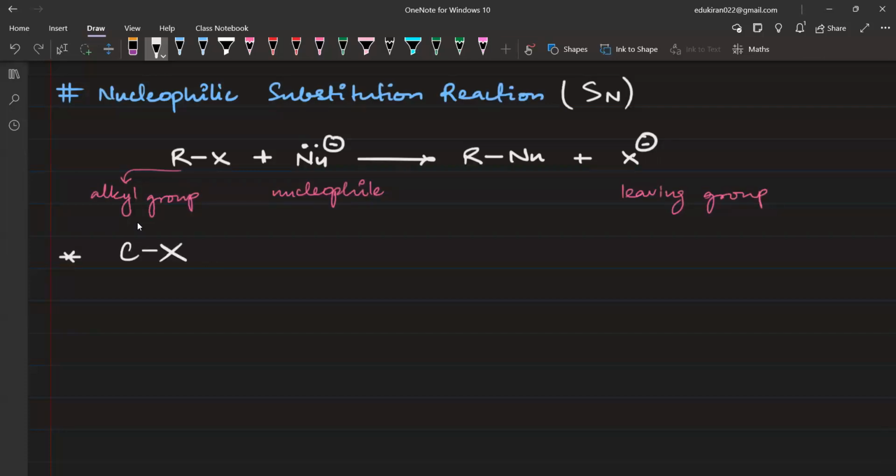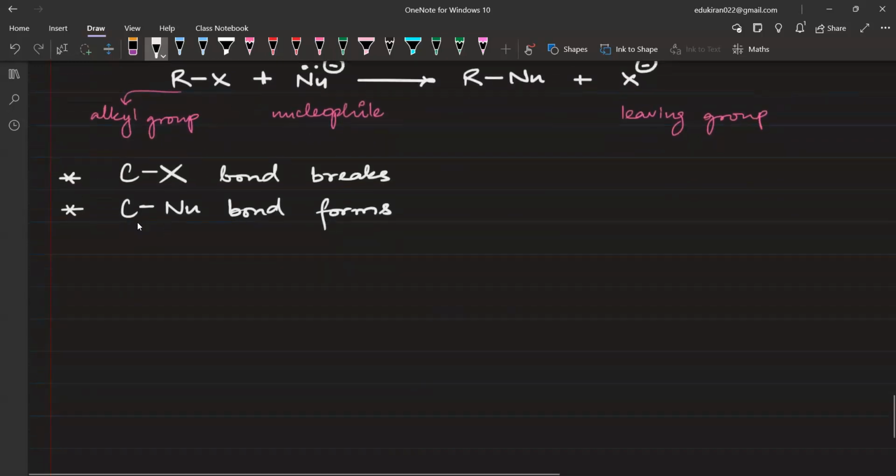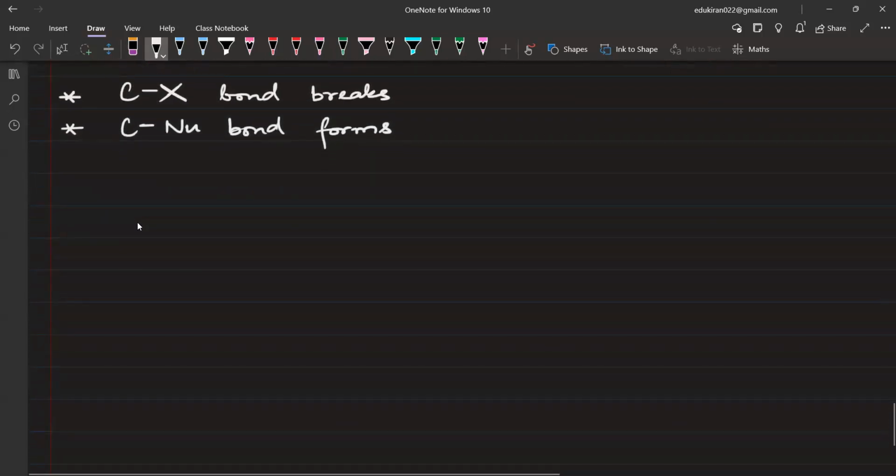The carbon halogen bond, CX bond, breaks, and carbon nucleophile bond forms. Can all of you see this, guys? Arsalan, Krishna Priya, and Meet, I hope you're not having any problem here. Correct, guys? Yes.